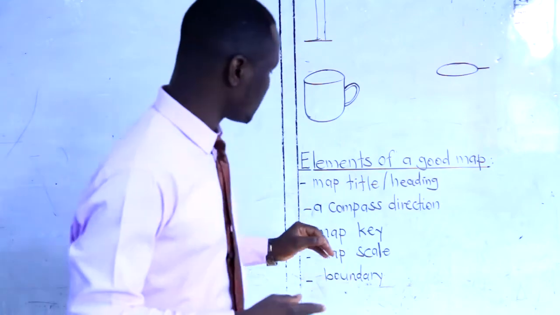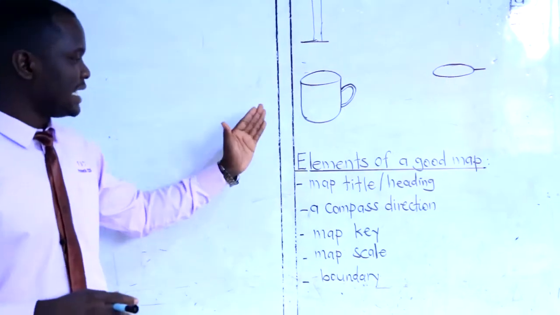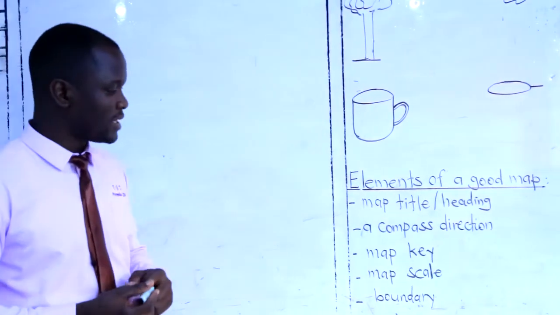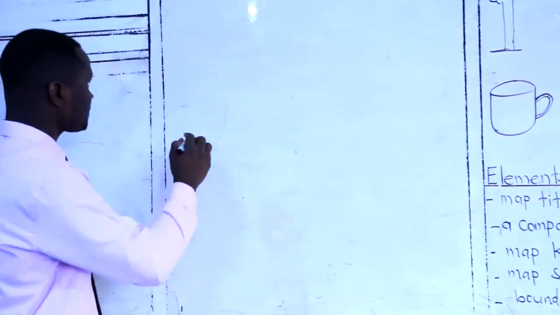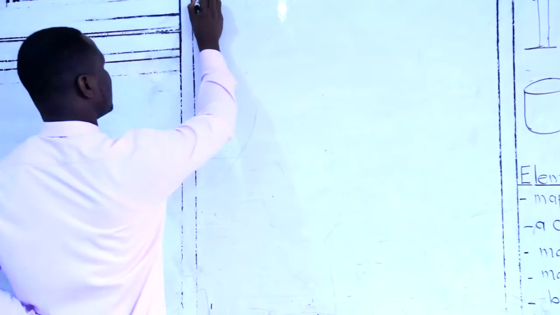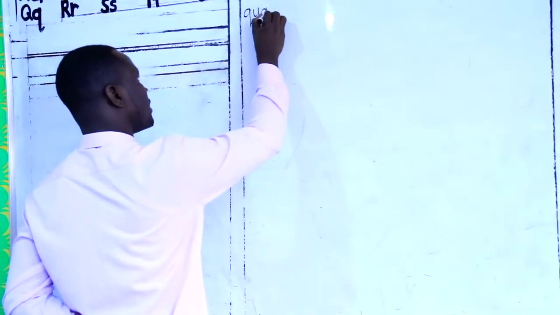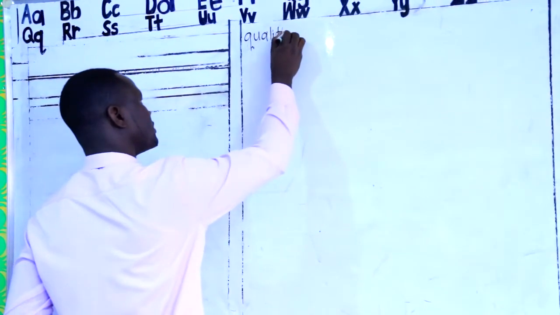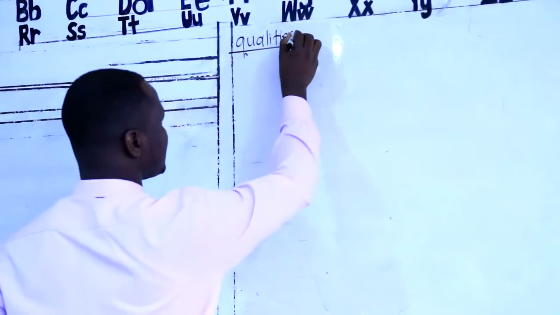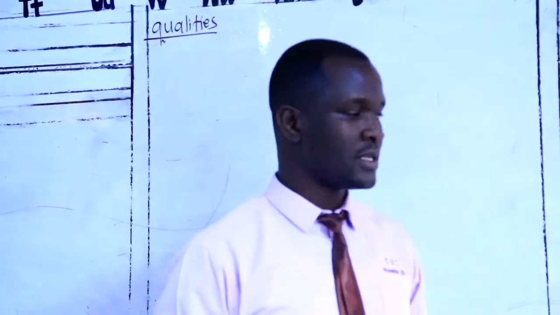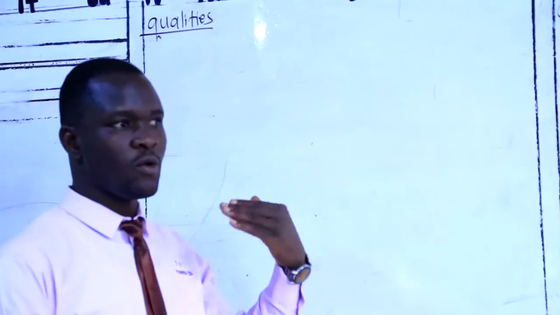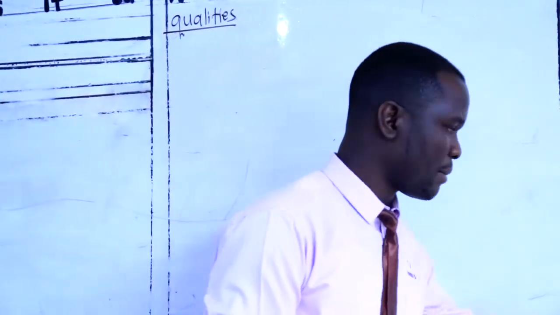The other challenge that I want to bring to you is that we always make mistakes. When we are asked to write the elements, then we have another question that can ask us to write the qualities of a good map. Sometimes we make serious mistakes here. When we are asked to state the qualities, that's when we say a good map should have a map title.